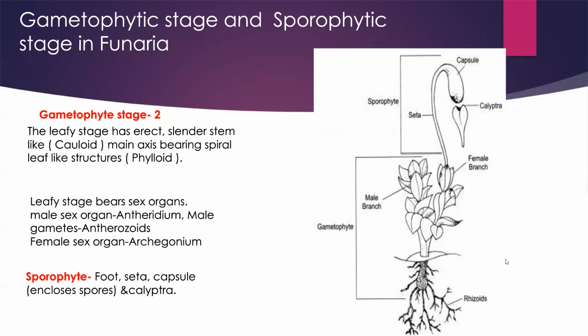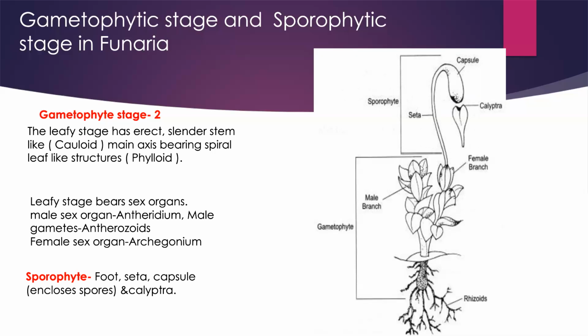Spores are haploid, that's why the developed gametophyte is also haploid. That means it is multicellular, but each cell is haploid. So the gametophyte is haploid because it develops from a haploid spore.